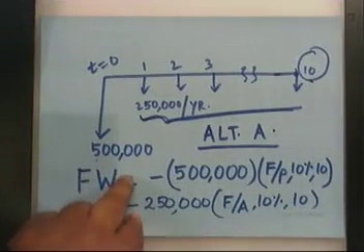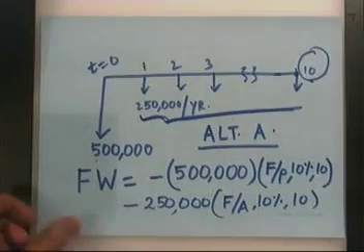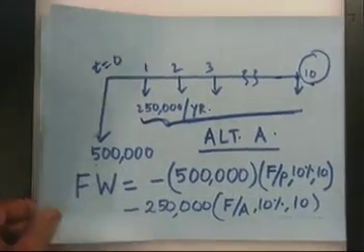In the same manner, I will calculate the future worth of alternative B. Now, if you try to draw the cash flow diagram of alternative B, it would be something like this.